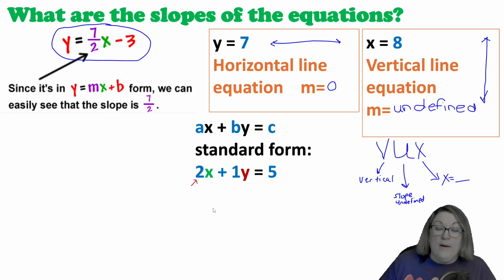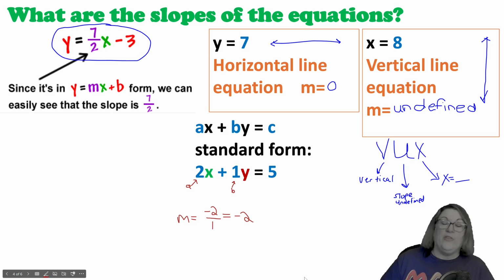And remember, you're supposed to take the a value, which is the 2, and change the sign of that a. So change the sign of the a and place it over the b value and divide it. And -2 divided by 1 is -2. So our slope on this line is -2.